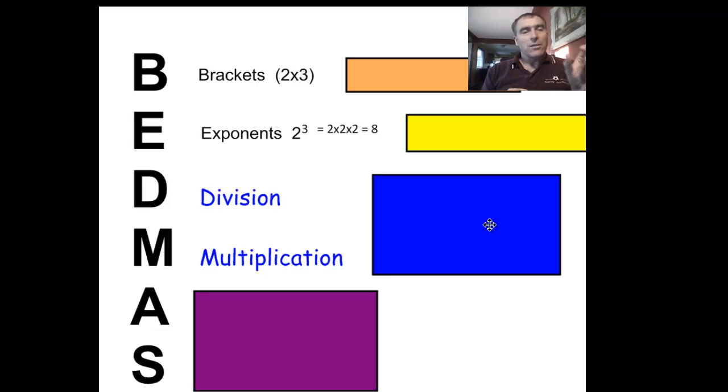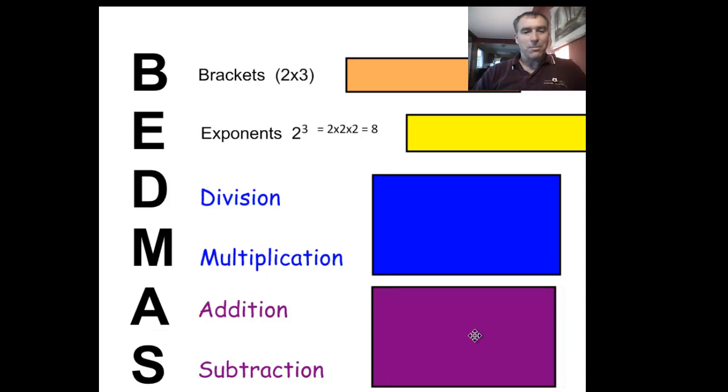So if you've got 2 times 3 divided by 3, you would do the 2 times 3 first, because it's multiplication, left to right. Multiplication first, then division, but you do them in the order in which they come. So that's why they're both in the blue lettering, because they're tied. They're treated equal. And finally, A and S, you probably guessed it.